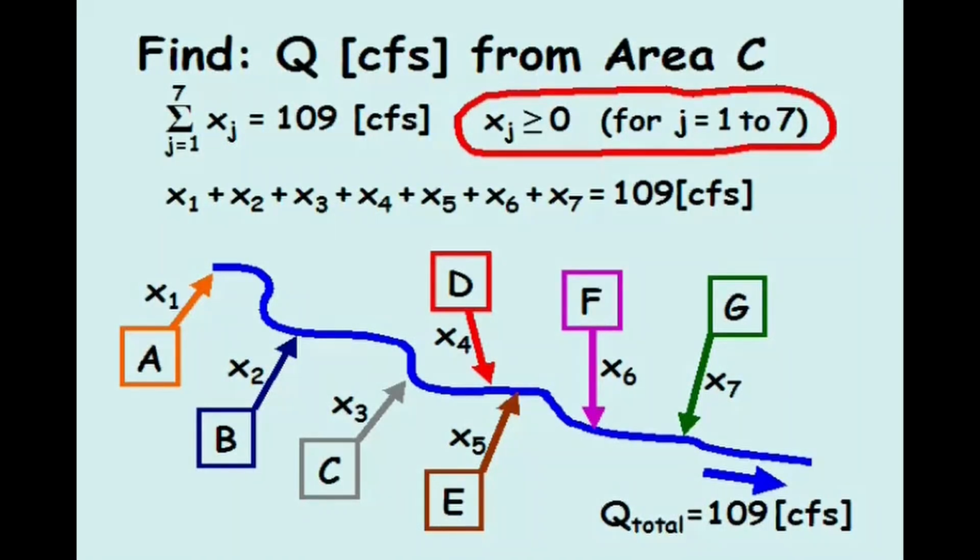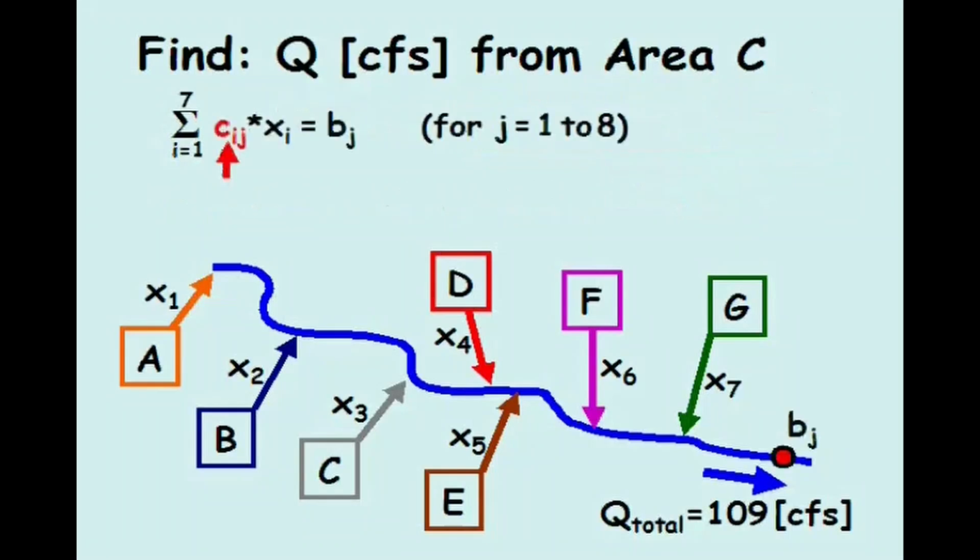In addition to this water mass balance constraint, there are also 8 ion mass balance constraints, where Cij represents the quantity of ion J from runoff area I, and we'll define its units as ions per cubic feet per second. All values of Cij are known.